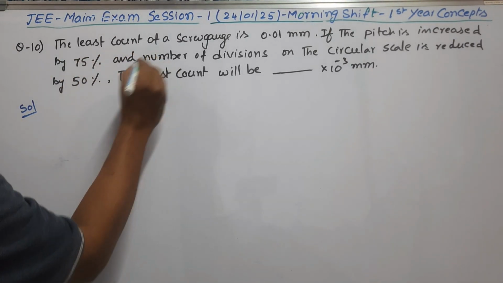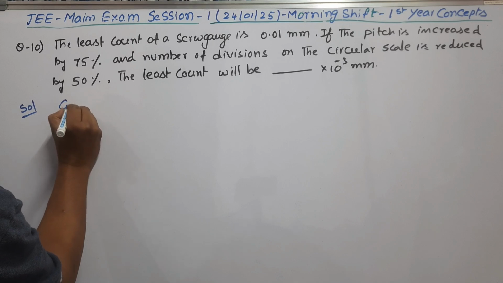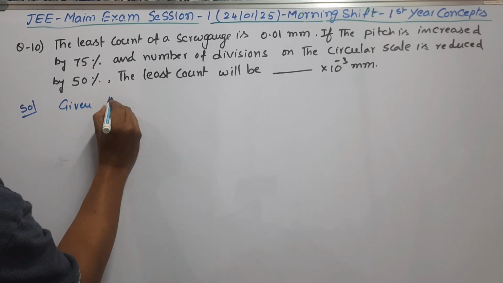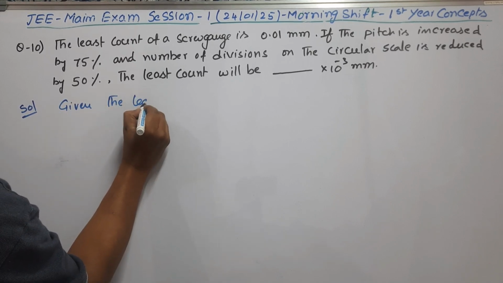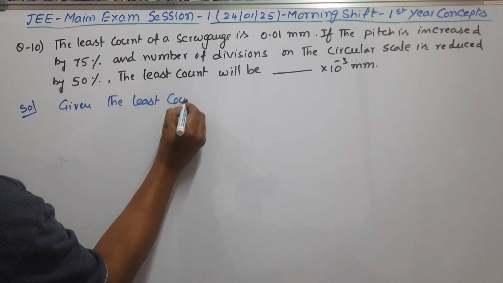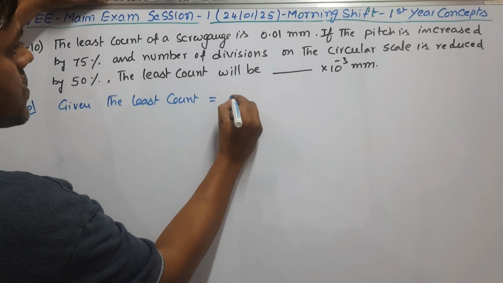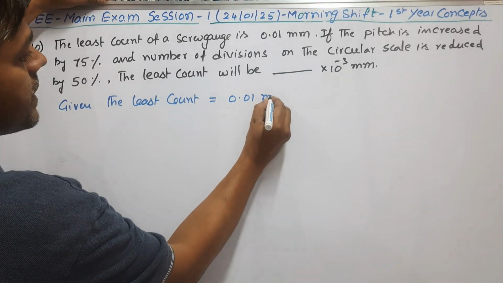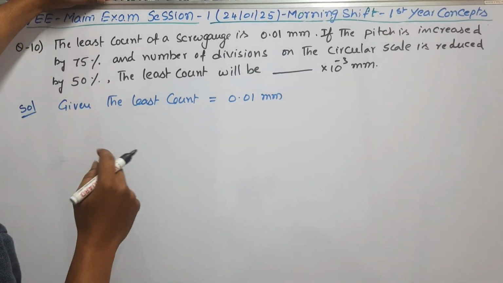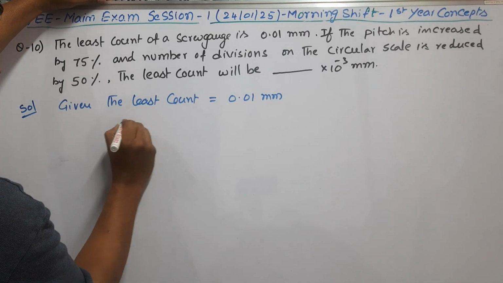To find the least count, given the least count of the screw gauge is 0.01 millimeter. Actually, what is the formula of least count?